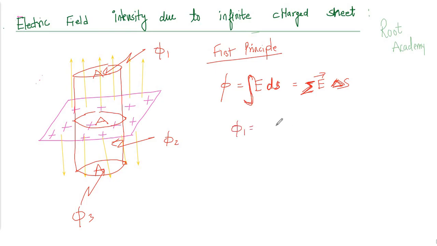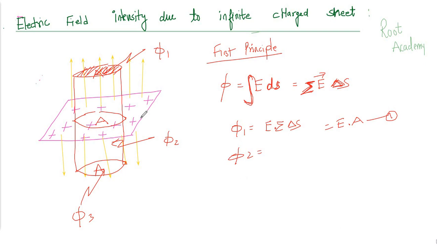So what is phi 1? From basic definition, E into sigma of del S. Sigma means the entire area over which we are calculating flux. So let me assume this area is A. So this is phi 1, which is EA. What is phi 2?